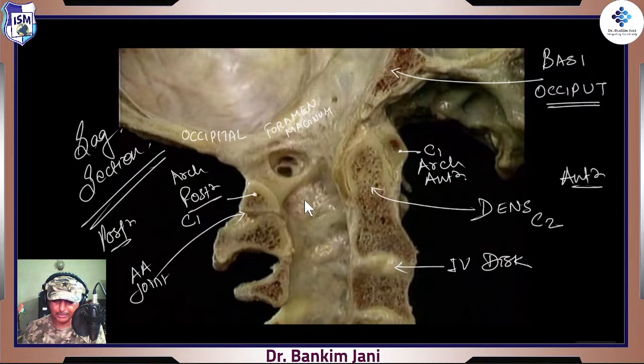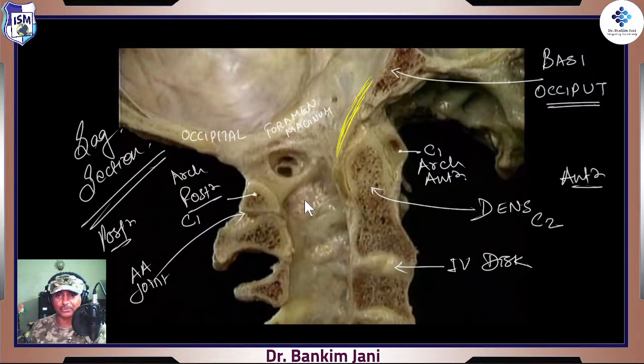See, these are the fibers. I'll show, first I'll draw, then I'll zoom it, so you'll be able to see. These are the fibers which are starting from the basi-occiput. Now till what point are they going? Well, they will go till the body of the axis, because there is no body of C1.